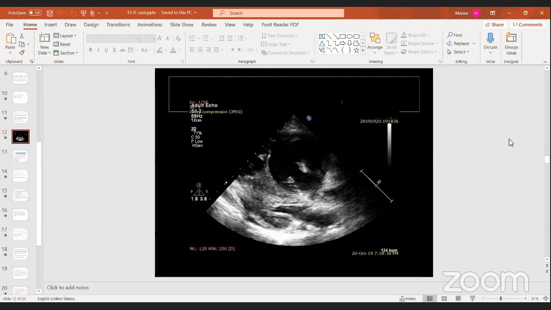Okay, thank you, Marwa. May I have some comments related to this interesting case? In your case, it is very representative of the problem of intravenous drug addicts and the risk of endocarditis that we are commonly seeing now in our department and in tertiary referral center.